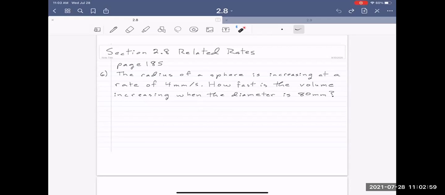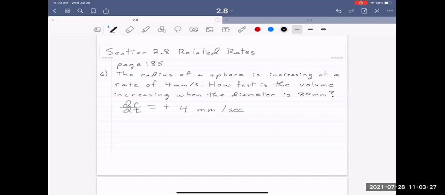Okay, so let me write down what we have first, and then I'll draw things. So the radius of a sphere, I'll call it R, is increasing. So I'll put a plus sign because it's increasing at a rate of 4 millimeters per second.